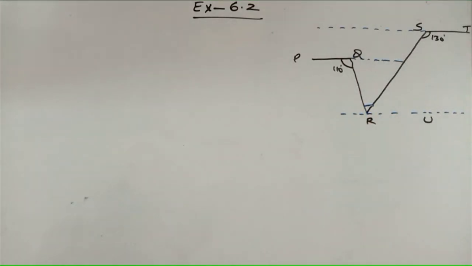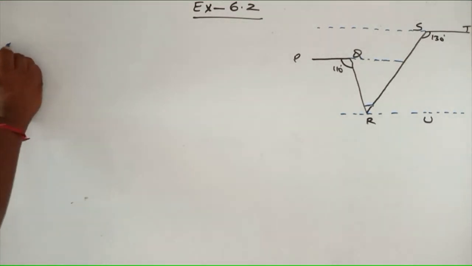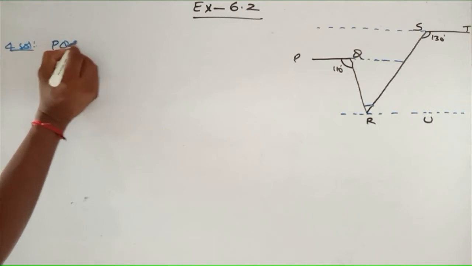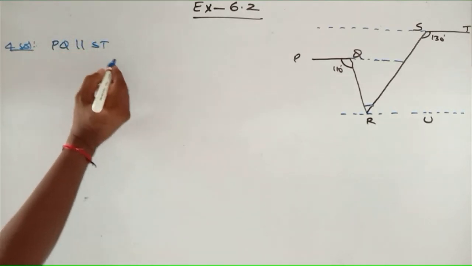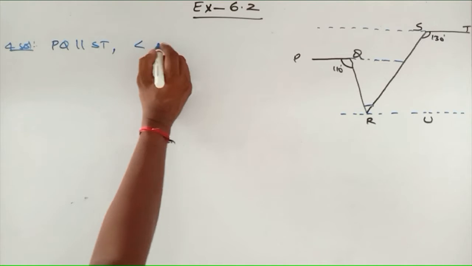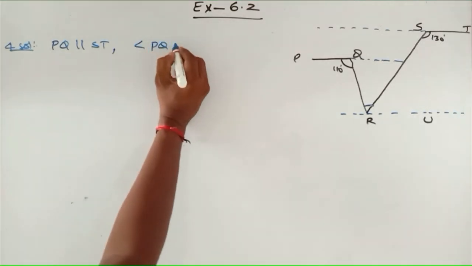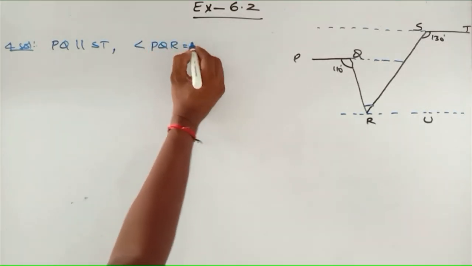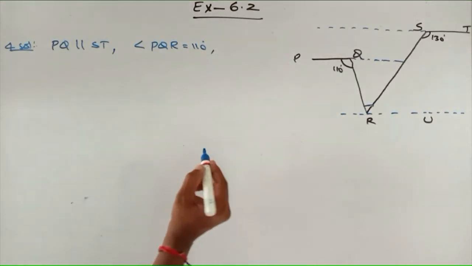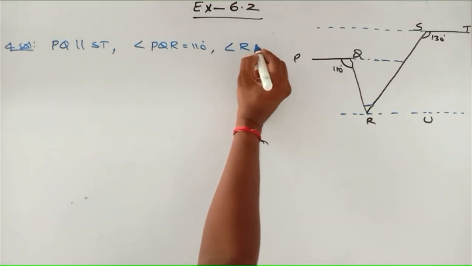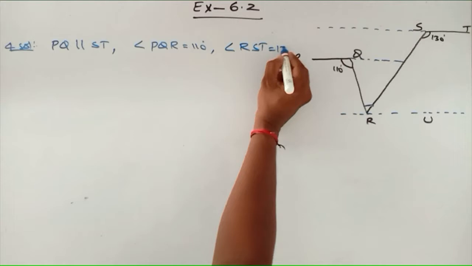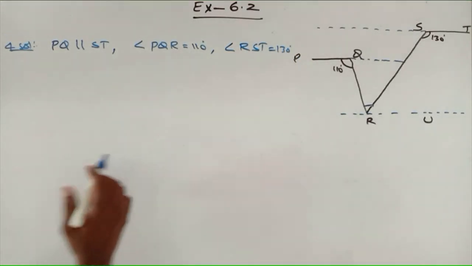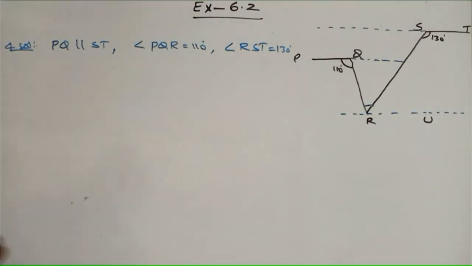Angle QRS value is how much? To this, children, first is given: PQ is parallel to ST and angle PQR is equal to 110 degrees, and one more is given, angle RST is equal to 130 degrees. I am doing the construction here.